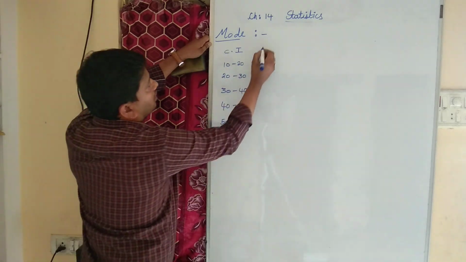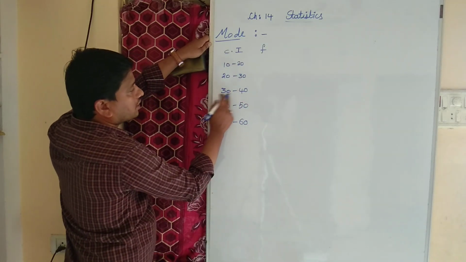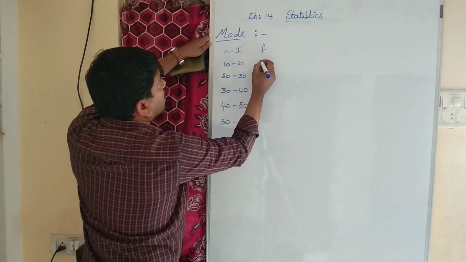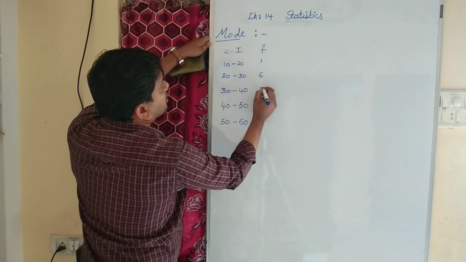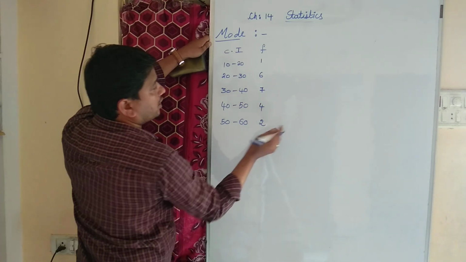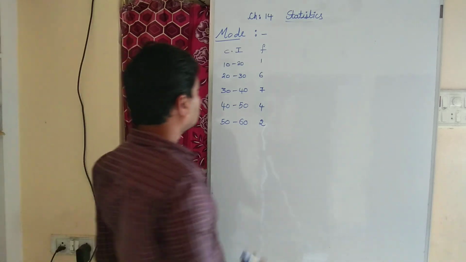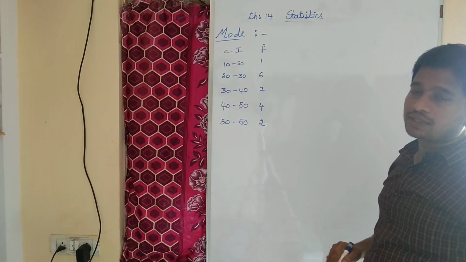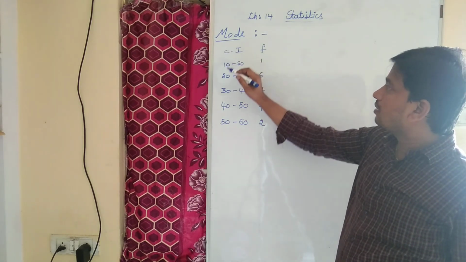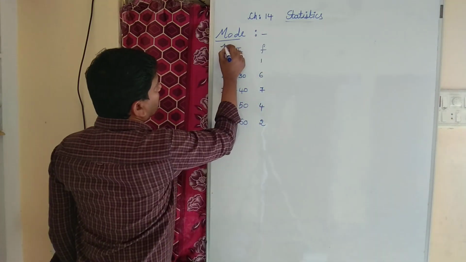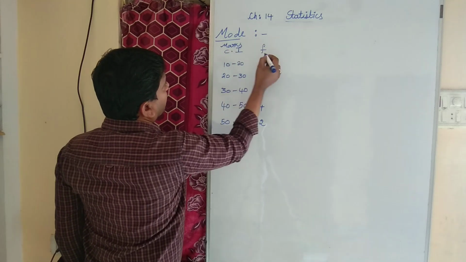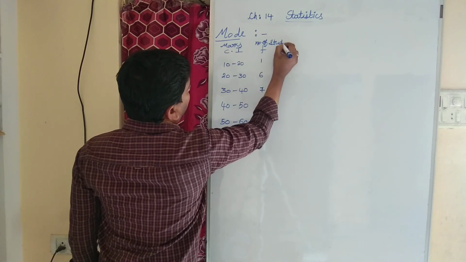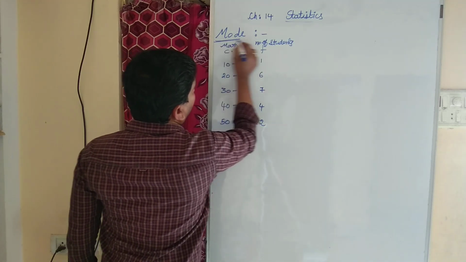The number of students are 1, 6, 7, 4 and 2, for example. So total how many students do we have in the class test? The scores of 20 students. So this is the class interval, nothing but marks, and frequency is nothing but the number of students, right?